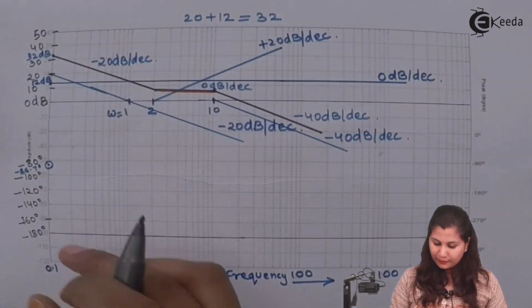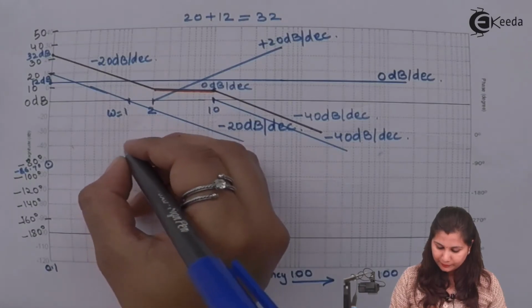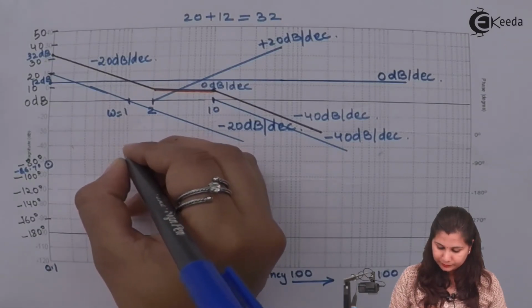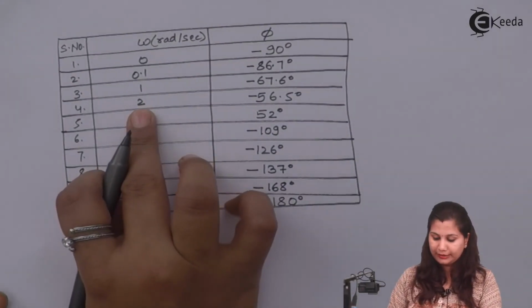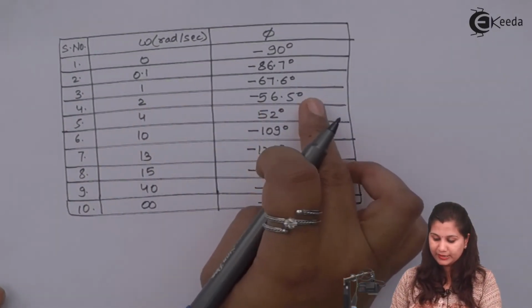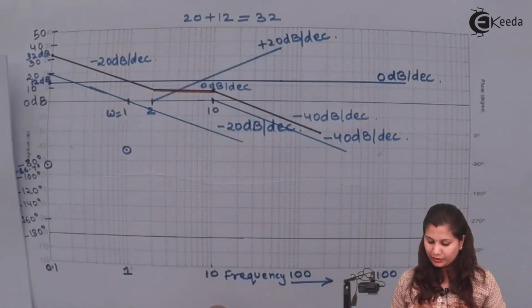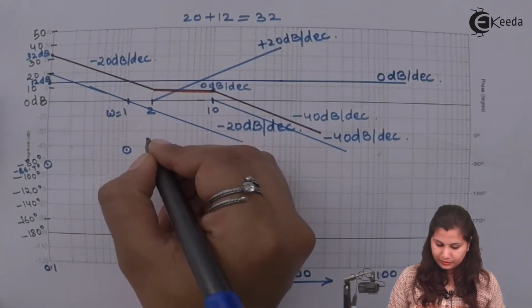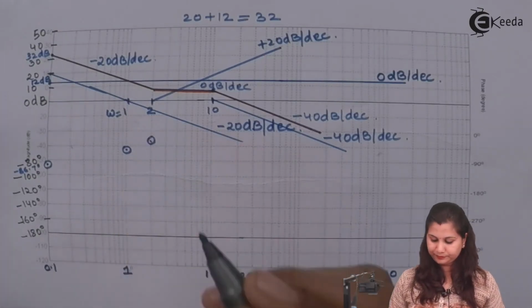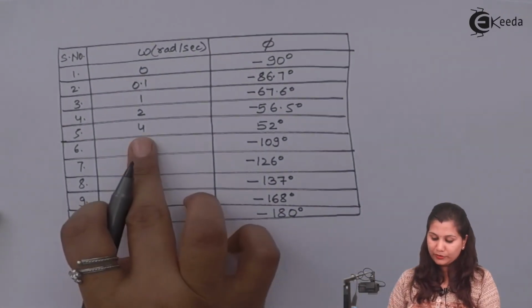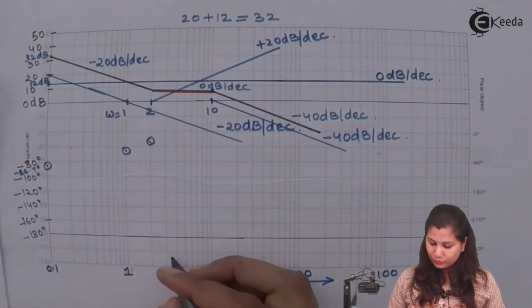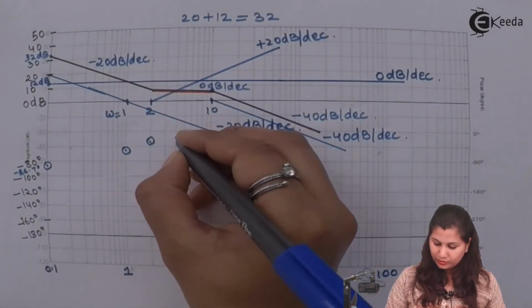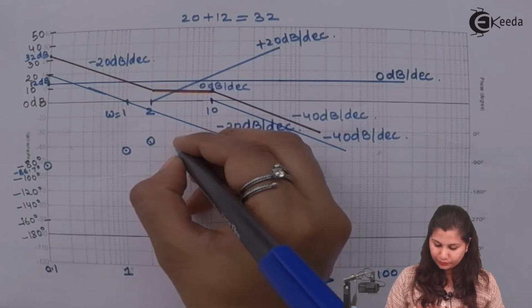So this is 1, minus 67 will be here. Then at omega equals 2, minus 56.5 degrees. So at omega equals 2, minus 56.5 degrees. Omega equals 4, minus 52 degrees. So 2, 3, 4, minus 52.